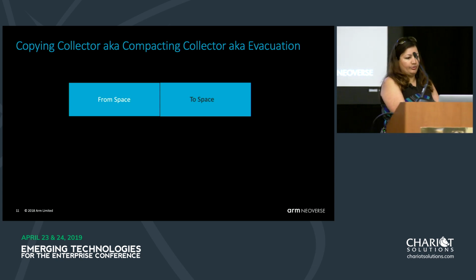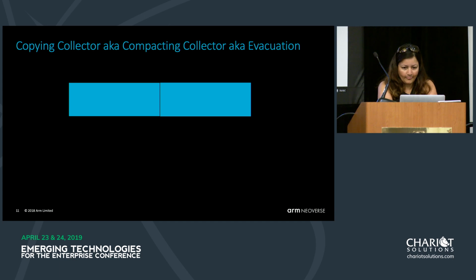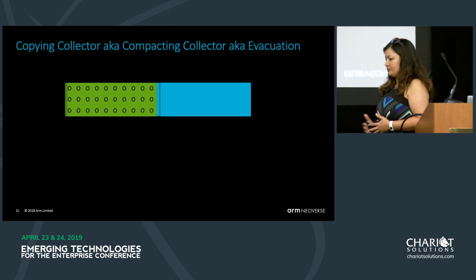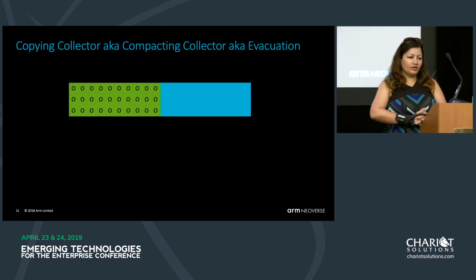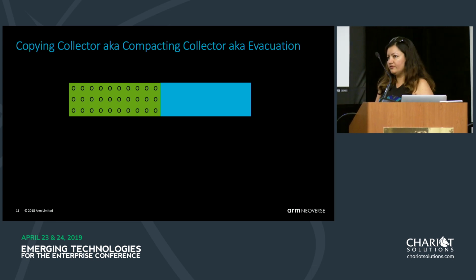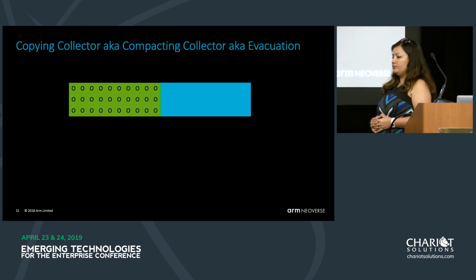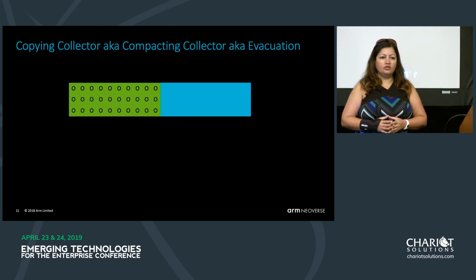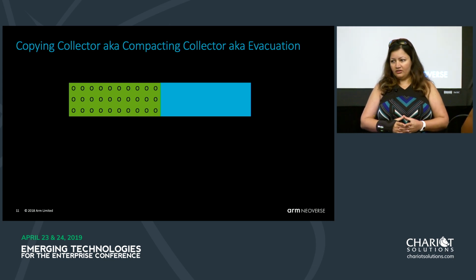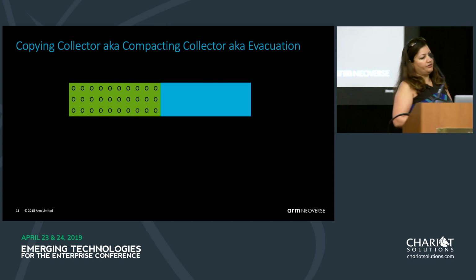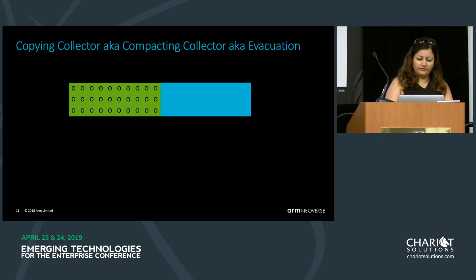So I'm going to show how that happens. We have objects in the from space, and your from space gets filled up. At that point, and it doesn't always have to get filled up, but there would be thresholds, basically. Up to a certain threshold, you would say that now I need to start copying the live objects over. So in this particular case, our threshold is filling up the entire from space.